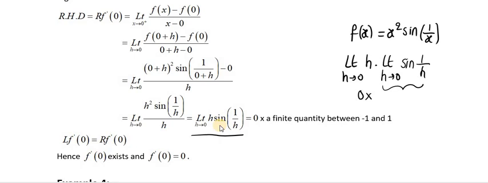So 0 into a finite quantity between minus 1 and plus 1 means 0 itself. So LHD is 0, RHD is 0, that's why these two values are equal. Whenever LHD and RHD are equal, we can easily say that f of x is differentiable, and the derivative value is the LHD value or RHD value because both are equal. In this case, f dash of 0 is 0, because LHD is 0 and RHD is 0.